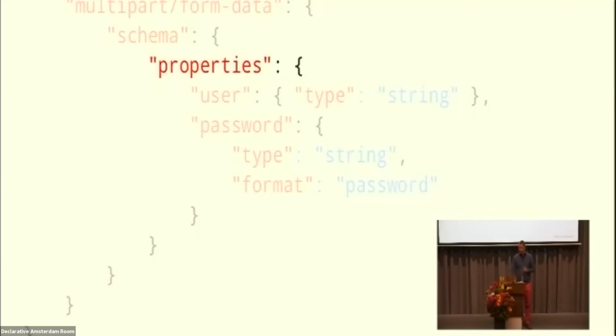So there's more to come. For our login, we want to have a user that is of type string, and we want to have a password. That's not highlighted here, sorry for that. But it's also of type string and has a format. This is interesting for both input and output of that. I'll show you later in the demo section. I think we'll have enough time for that, and also for extended questions and answers.